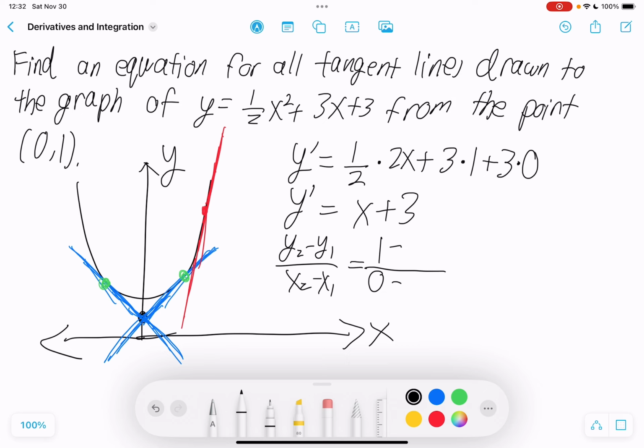What's y1? Well, y1 is going to be this thing right here, because the other point, the green point, is on the graph with this equation, so we can just plug that equation in. And x1 is just going to be x, the x-coordinate of, say, this point or this point.